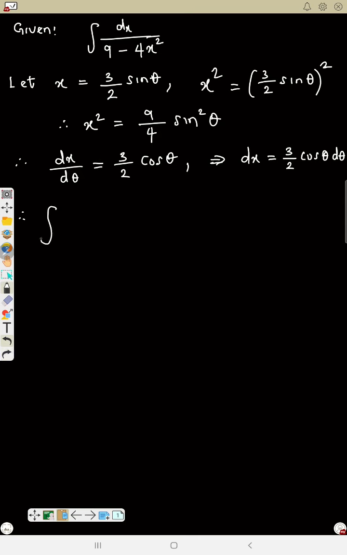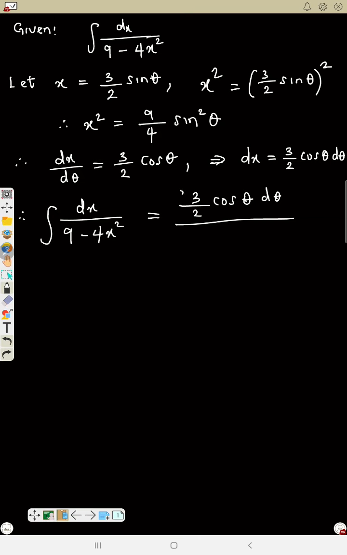That means our question, integral of dx over 9 minus 4x squared, becomes, what is dx? You have known that dx is this. That will be 3 over 2 cos theta d theta divided by 9 minus 4x squared.